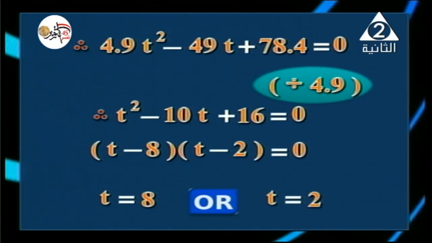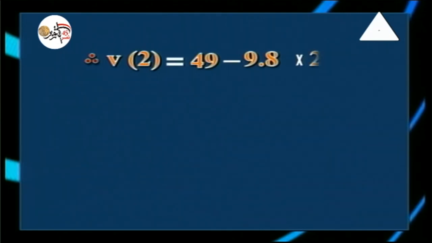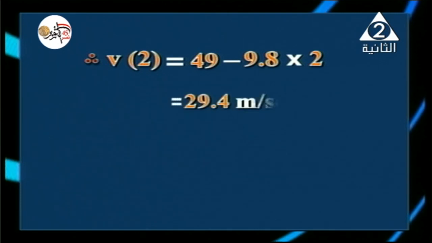What do you mean, my dear student? We have two times, the first t equals 8, the second t equals 2. To find the velocity when t equals 2, by substitution of t equal 2, the answer is 29.4 meters per second.